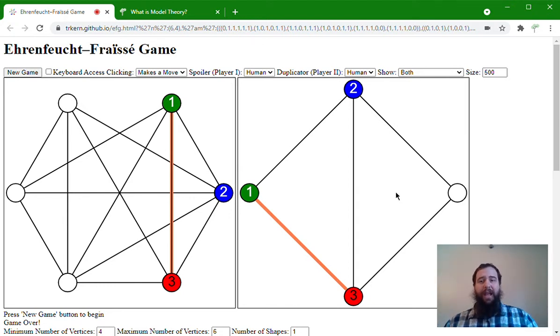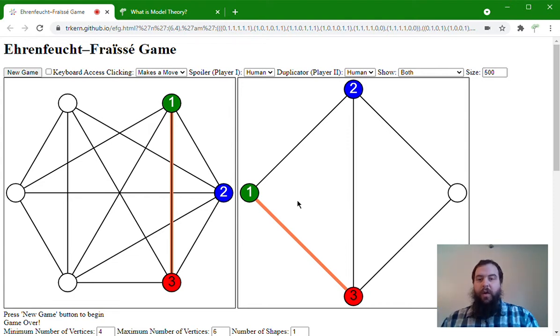On the other hand, spoiler wants to take advantage of differences between the 2 graphs. So in the strategy that I walked through in this example, spoiler wanted to take advantage of the fact that there's this vertex here that has degree 1 on the right-hand graph, and there isn't a vertex of degree 1 on the left-hand graph.